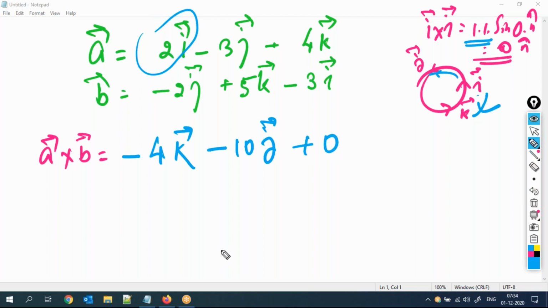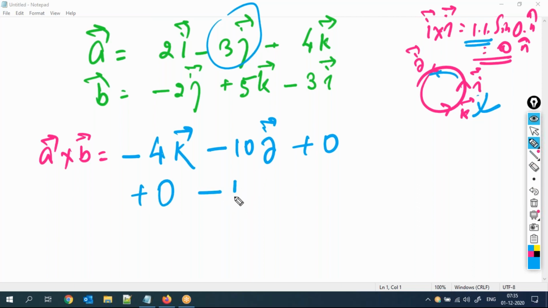Next, minus 3J into minus 2J will be 0. Next, 15J into K: first minus 15, then J into K equal to I.